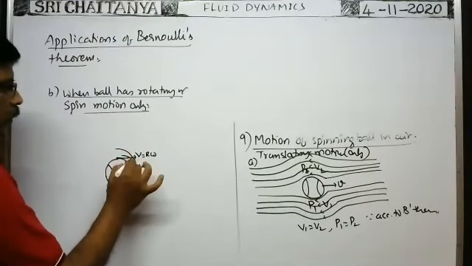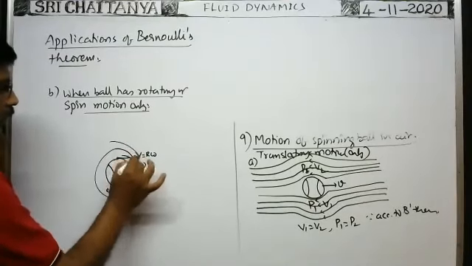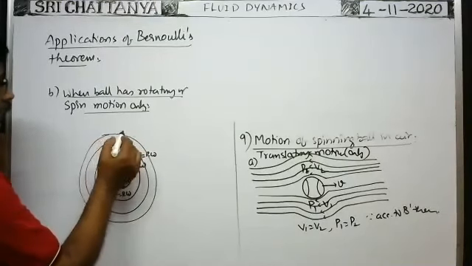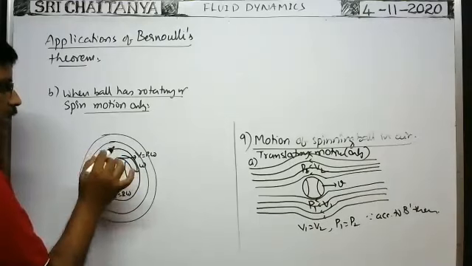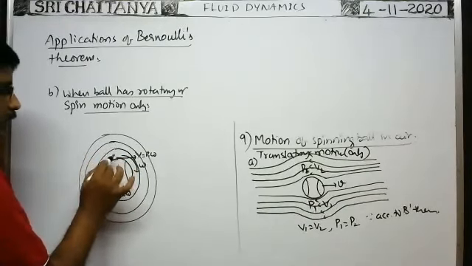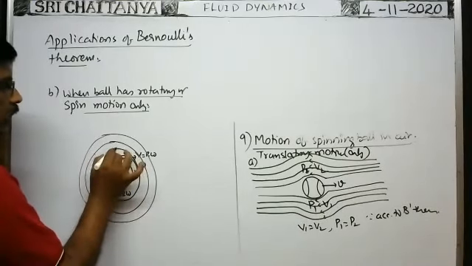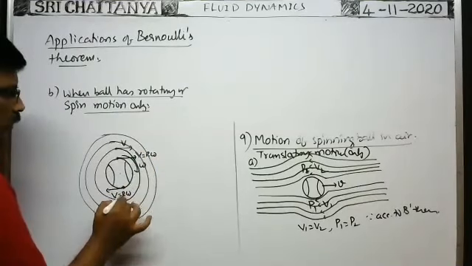That's why the air particles travel along a circular path around the ball. Because of the viscosity between the ball and the air particles, the surface of the ball drags the air particles in this direction. At this point the velocity of the air particles is, say, v, and at the bottom the velocity of the air particles is v1.